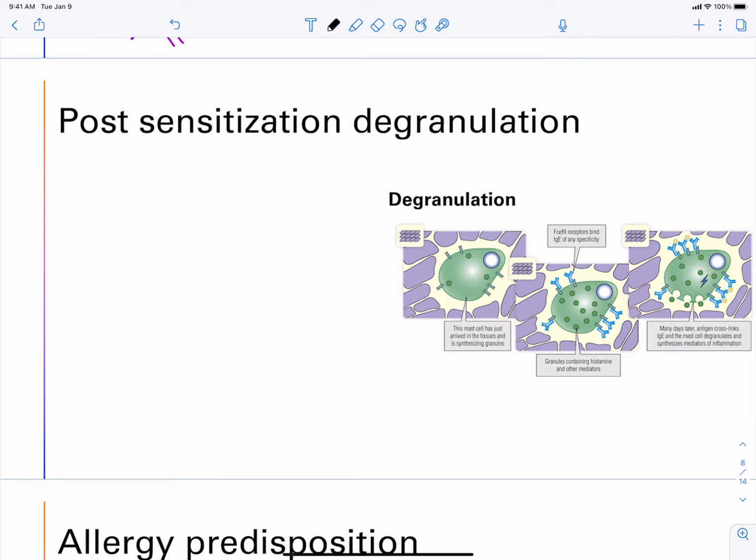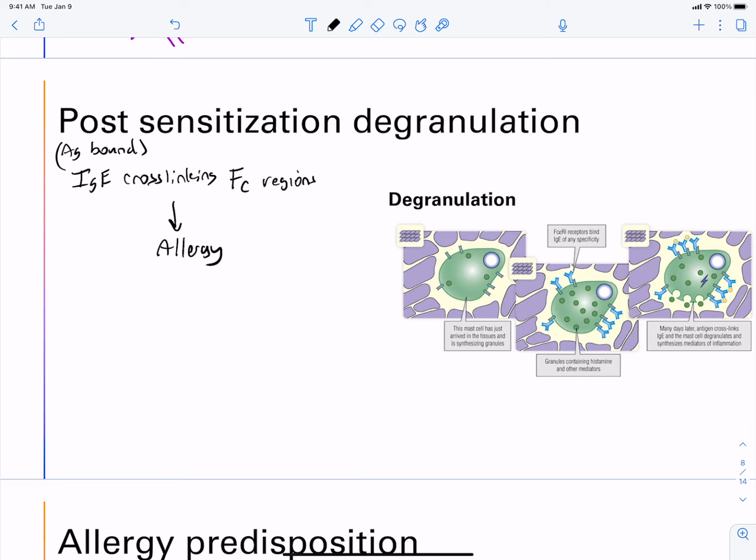So you have IgE cross-linking of their Fc receptors, Fc regions, I should say. And IgE, I should say, antigen bound. And so this is going to lead to allergy.